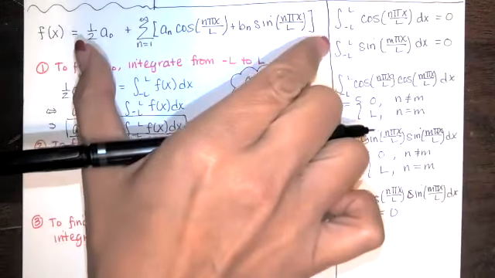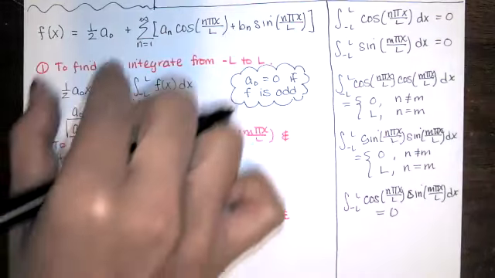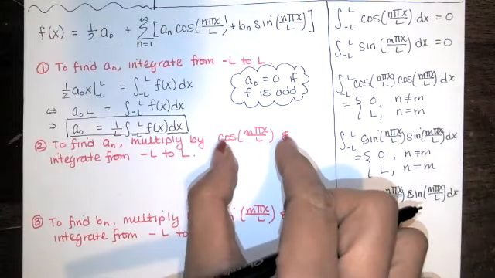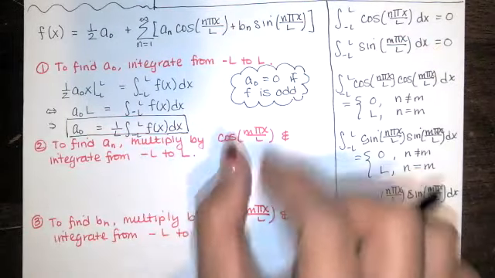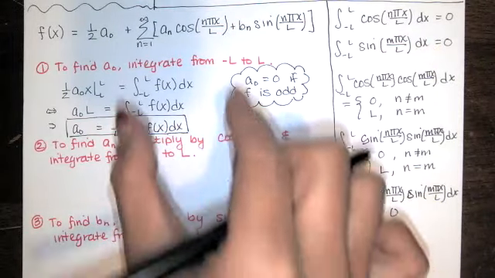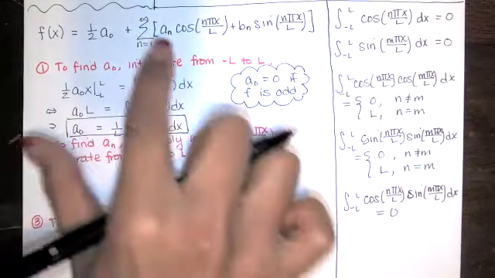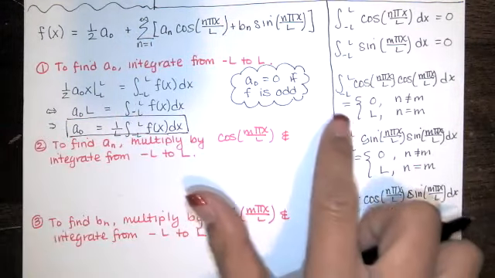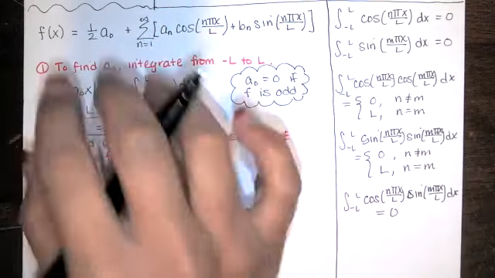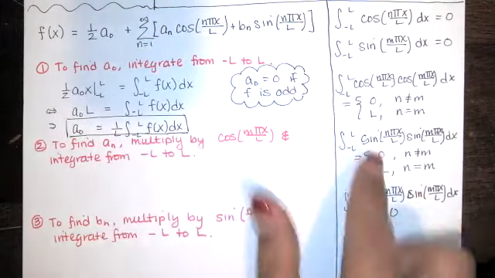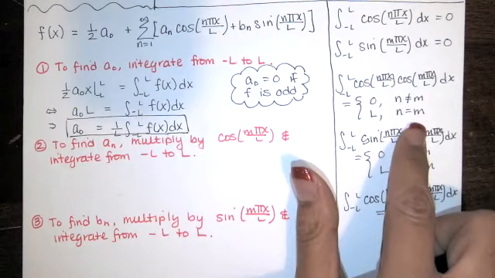So what'll happen on the left-hand side is this piece times that integrated from negative L to L is going to give me a 0. That piece times that integrated from negative L to L will be 0. And this will end up being a sub m, because we're only going to have one of those. All of them are going to reduce except for the one where n is equal to m, times L, because that's what we get right there.